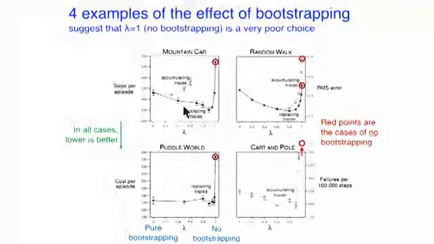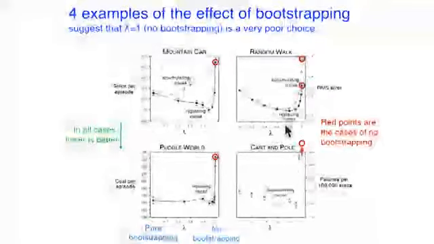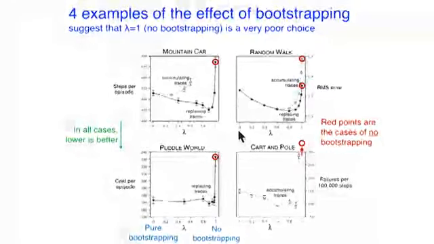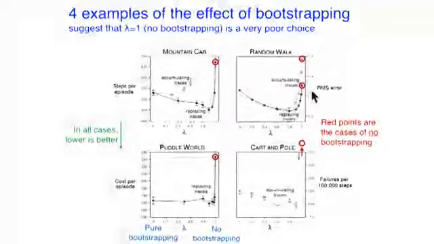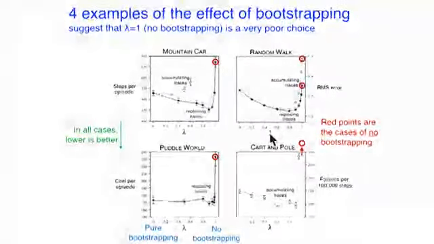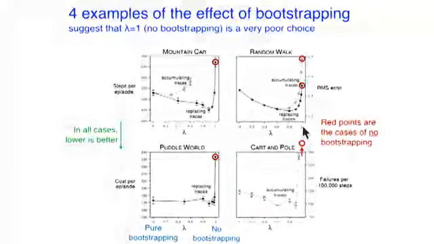Now, you might also notice, say here, that lambda equals 0 is not the best either. Pure bootstrapping is not the best in all cases. Typically, it's kind of a U-shaped curve. So the best thing is, we want to do some bootstrapping, but not pure bootstrapping. Neither do we want to do pure Monte Carlo, or no bootstrapping.